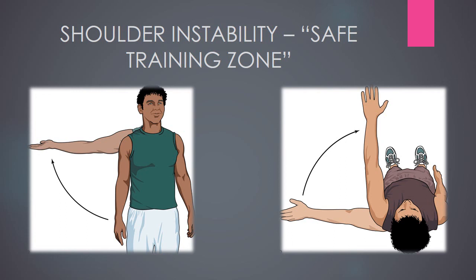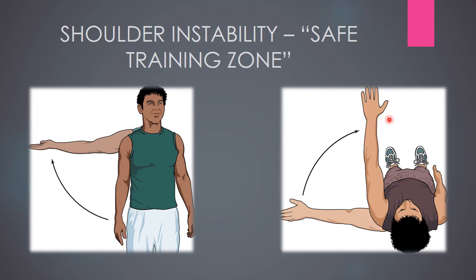So the examinee or the patient can safely perform exercises from 0 degrees of abduction up to and just shy of 90 degrees of abduction, and can safely perform exercises from 0 degrees of horizontal adduction, this is horizontal adduction, to 90 degrees of horizontal adduction.